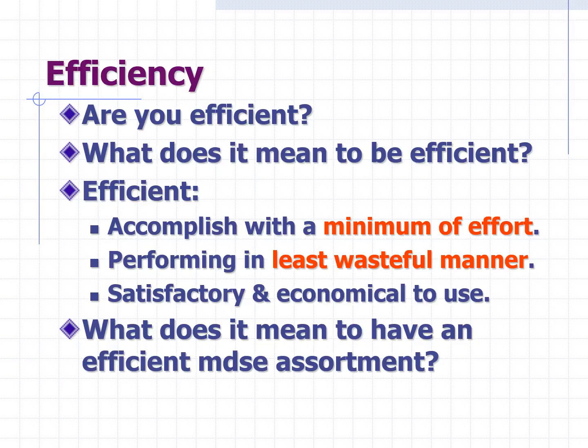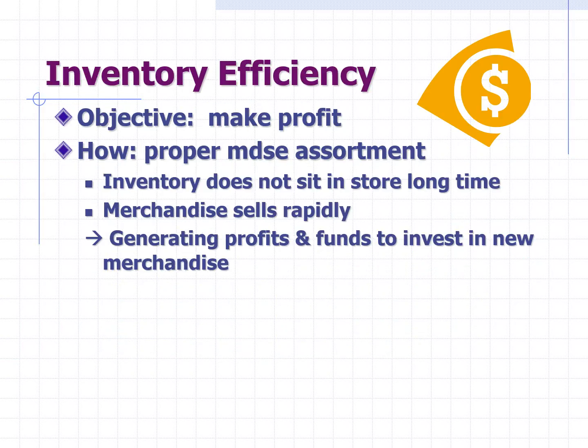Okay? When we talk about efficiency in terms of merchandise assortment or merchandise management or inventory management, then what would that actually mean? When we think about inventory efficiency as an extension of the general discussion of what being efficient is, then again we have to think about the input and output, right? The goal of a business is to make profit.